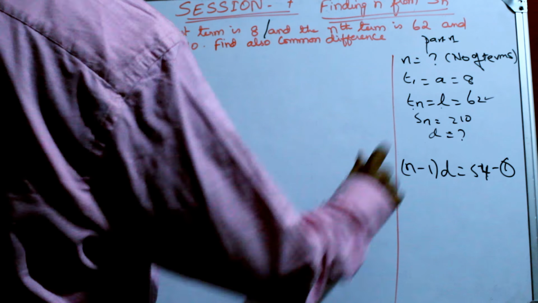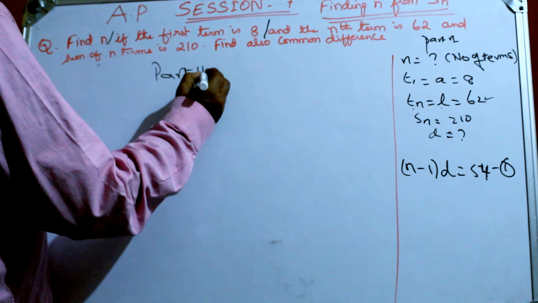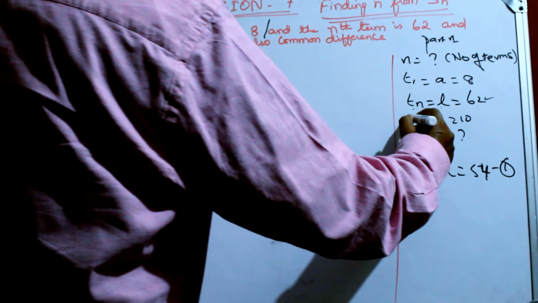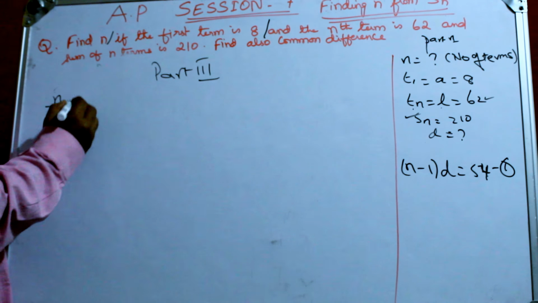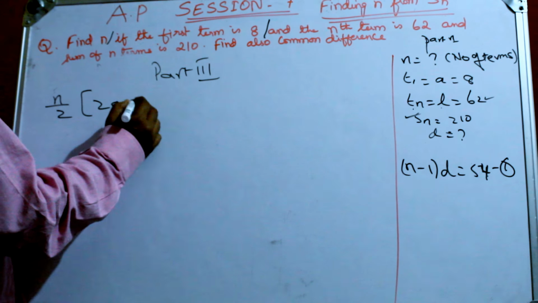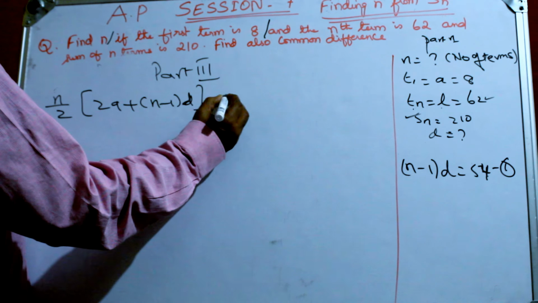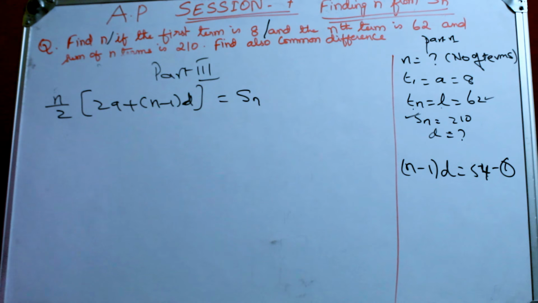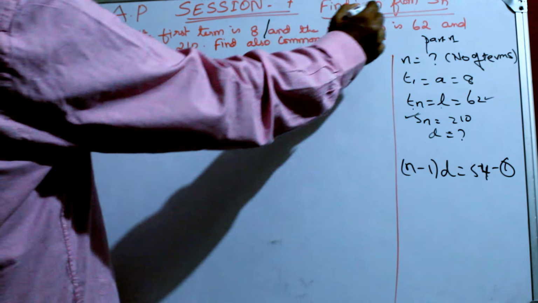Part 3: Sn is given, that we have to use now. Some values are given means you have to use them. Sn we have to use, but write the formula in reverse. n by 2 into 2a plus n minus 1 into D is equal to Sn. N we don't know; the question itself is to find n.